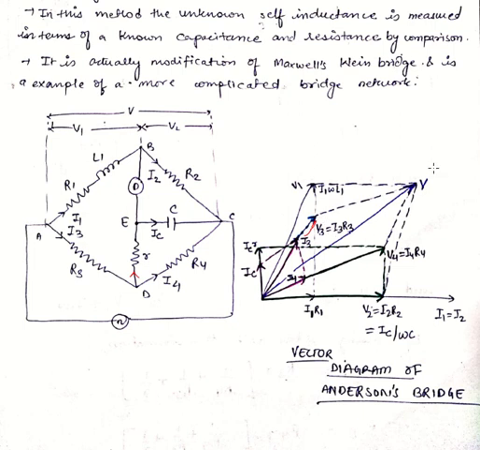Now the total potential difference across the AC bridge will be the resultant of V1 and V2, or the resultant of V3 and V4, which gives the total V. We take both cases because we have drawn V2, V4, V3 and V1.